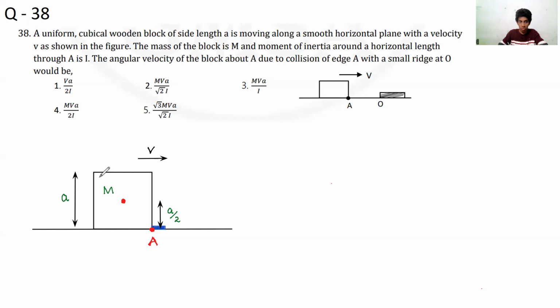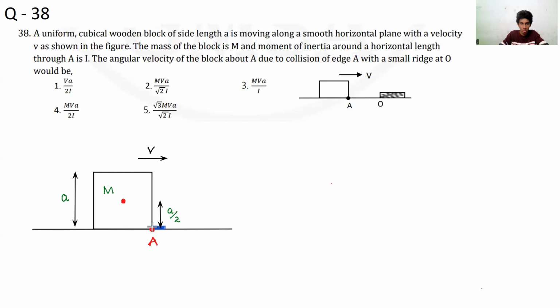So this is the block and this is the small ridge A, which is colored in blue. The side length of the cube is A, its velocity is v and the mass of the cube is m. So this is the diagram for the instant where the wooden block just collides with the small ridge.